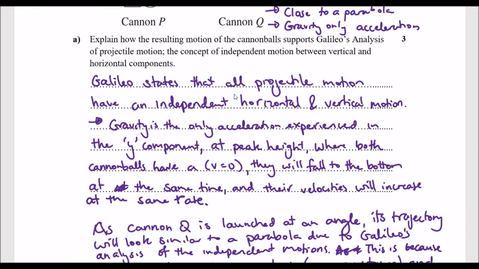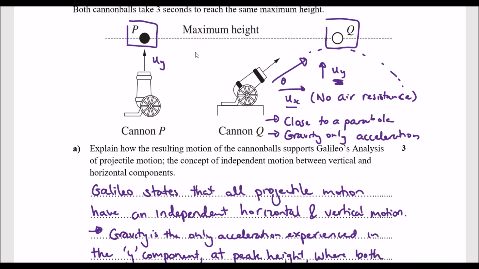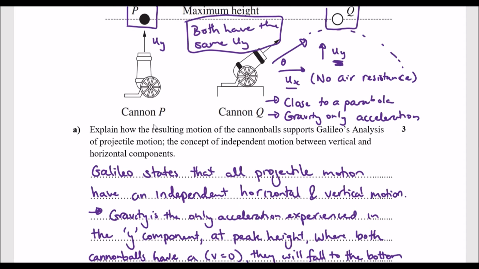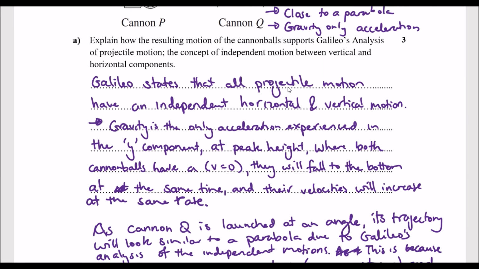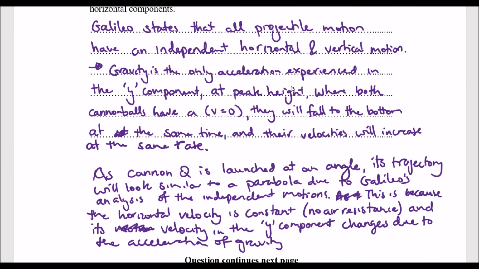So I can also write down both have the same uy component, okay, and they reach the peak height together at the same time. Therefore it means also the acceleration of gravity is constant, allowing them to reach the same peak height. So there's actually quite a few things we can talk about here.